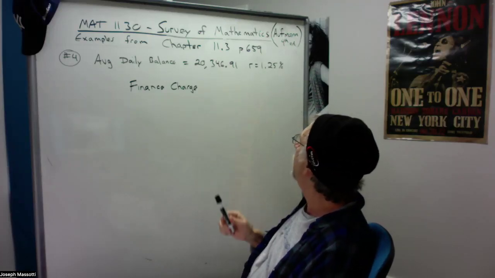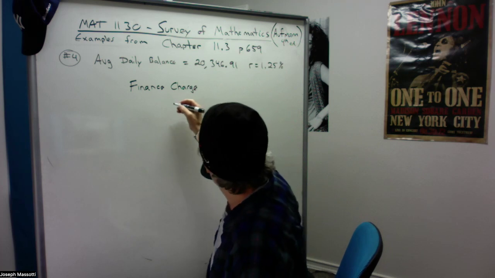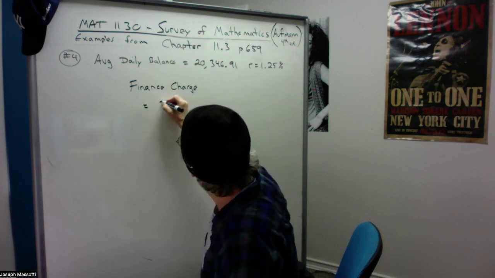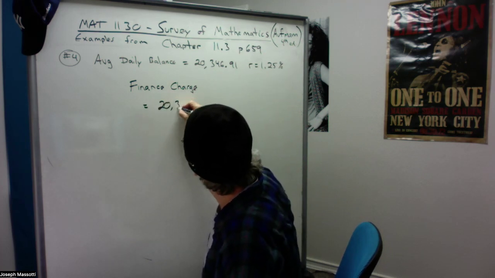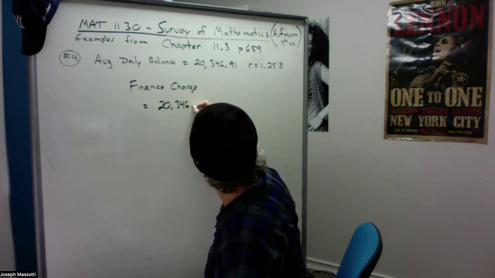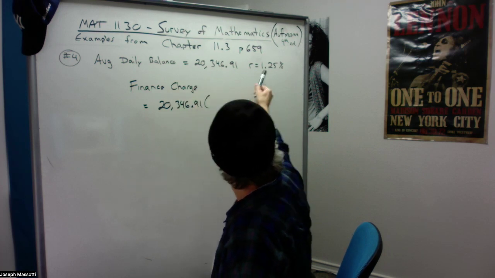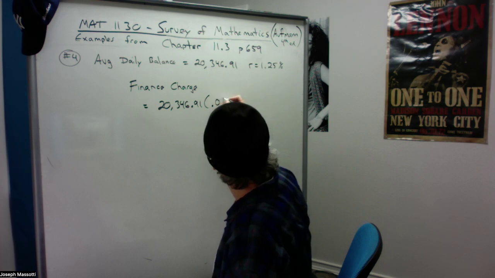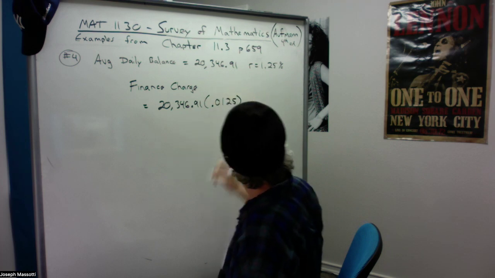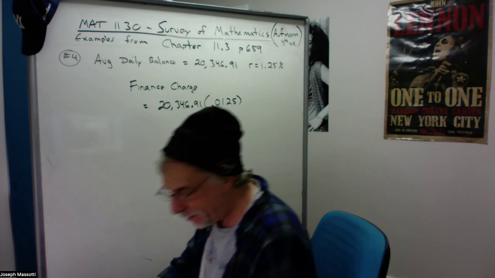$20,346.91 at a rate of 1.25% is going to be that value times the rate as a decimal, right? And that's it.